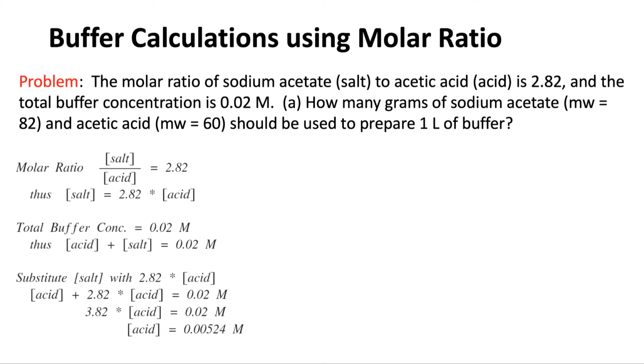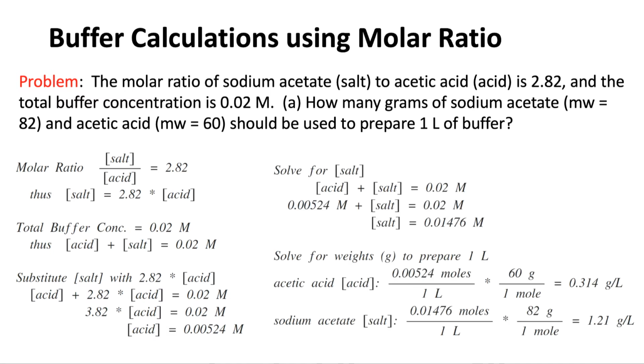What we still have to do is figure out our salt concentration, and that's easy because the acid plus the salt equals 0.02 molar. The acid concentration is 0.00524 molar, plus the salt concentration equals 0.02. Just solve for salt by subtracting, and you get that the salt concentration is 0.01476 molar.